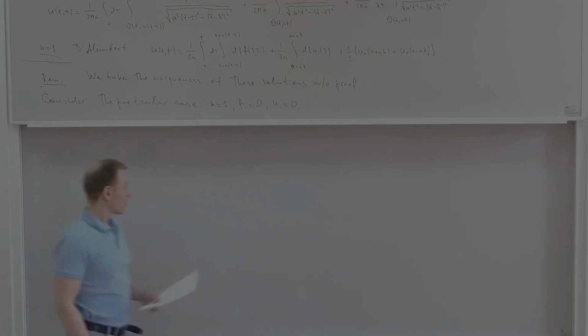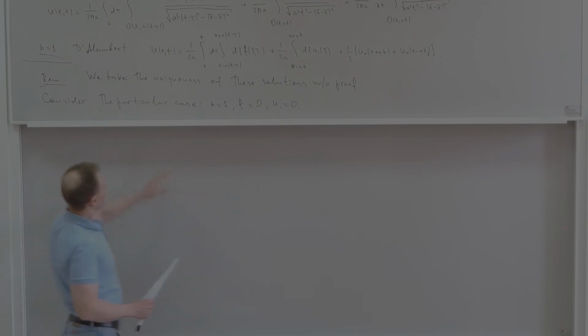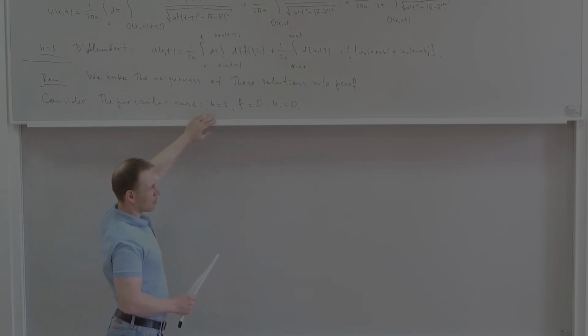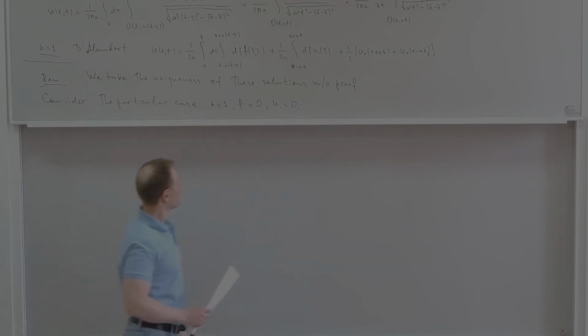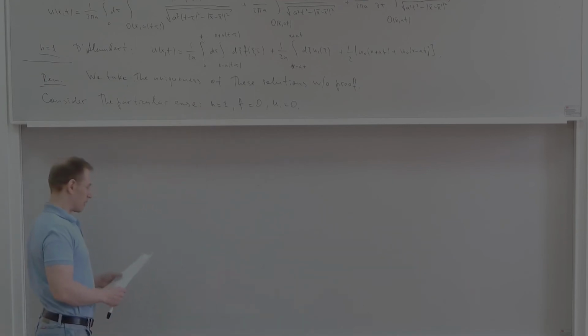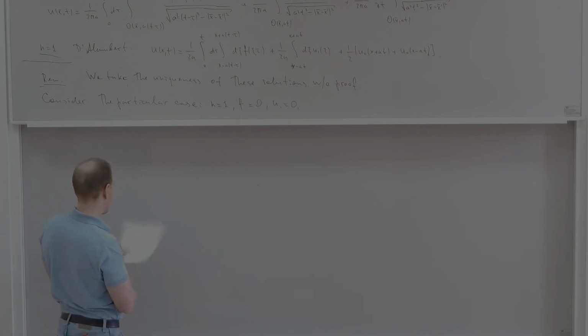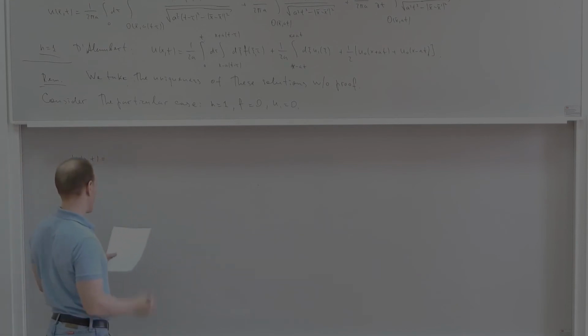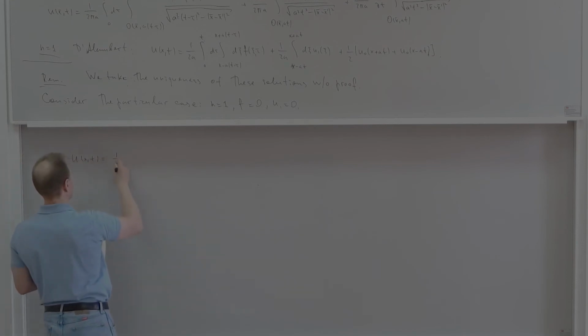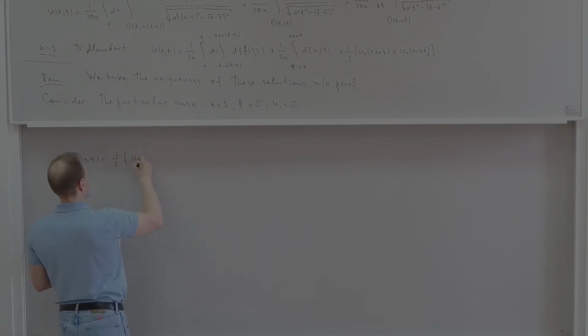Let me continue our lecture. So we consider the particular case of the above formulas when n is equal to 1 and f and u1 vanish. And in this case, the solution of the Cauchy problem for the one-dimensional wave equation is written in the following form.